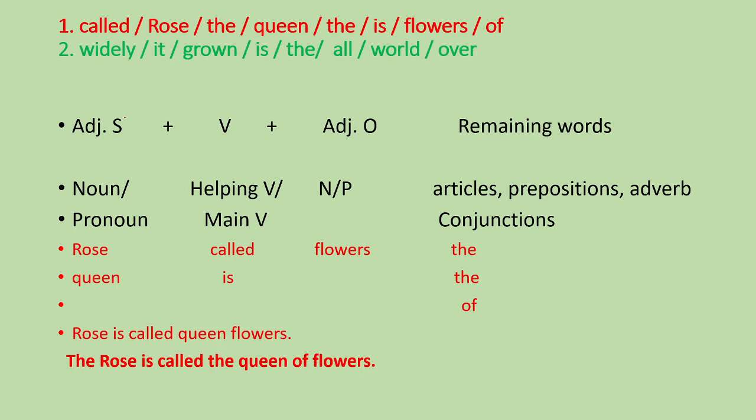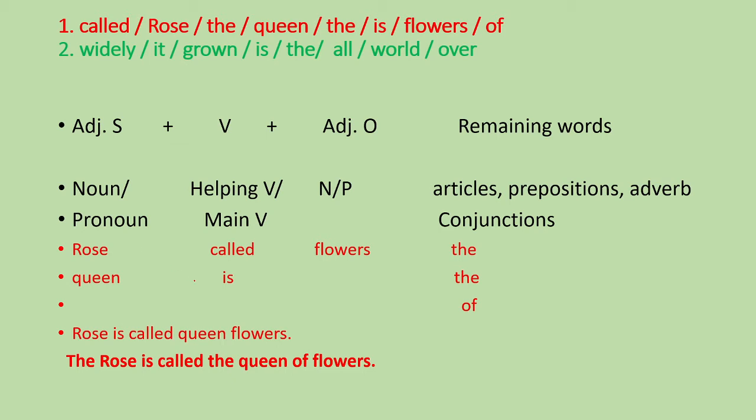So first of all, the subject has to come. We have to pick one out of these, rose or queen. What can be the subject? If we see the verbs after that, queen is called will not make sense. If it is rose is called, then it will make sense. So we will choose rose. Rose is called.